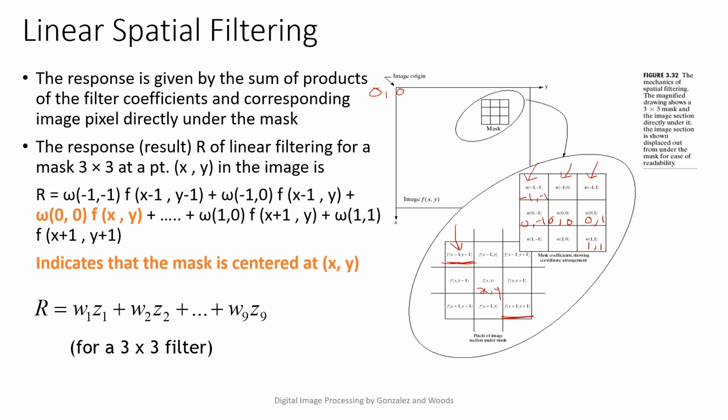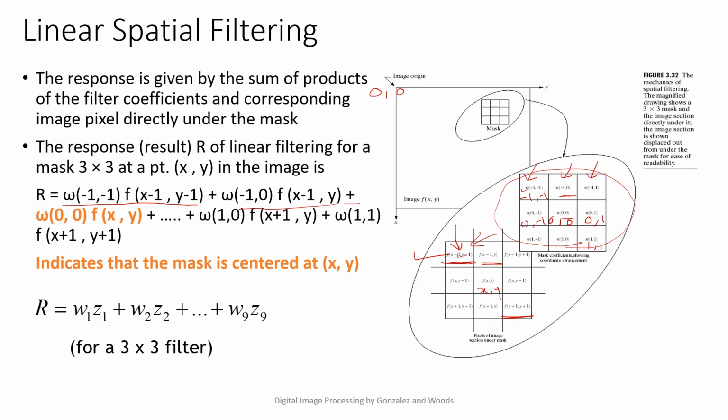Okay, so in convolution operation, we are going to place this 3 by 3 mask on this 3 by 3 image. After placing this mask on this image, we have to multiply this value with this value. So w minus 1 minus 1 into f of x minus 1, y minus 1, plus w minus 1 0 and f of x minus 1 y, plus this is what?